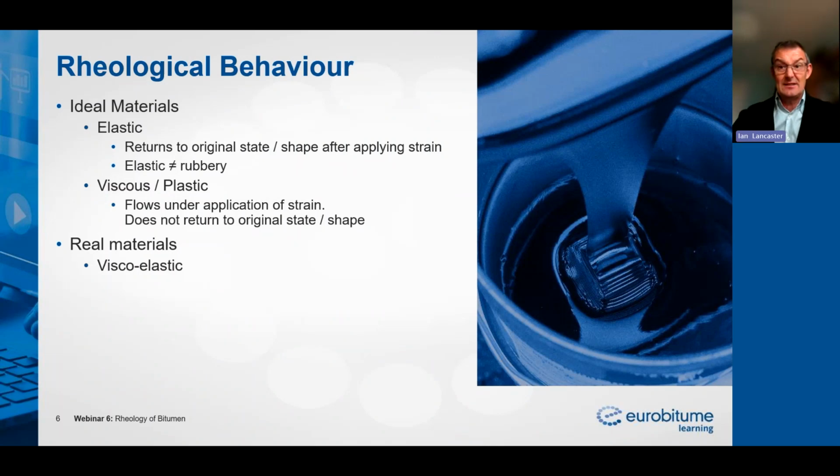They are effectively deformed. An example of that is water or glycerol. They're almost completely viscous. Real materials, of which bitumen is one, always lie somewhere in between. And bitumen is particularly fascinating because of its viscoelastic behavior.